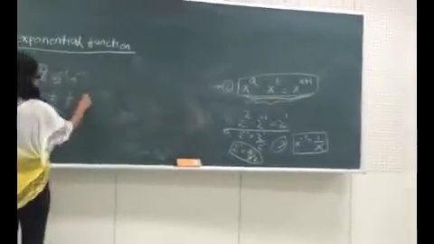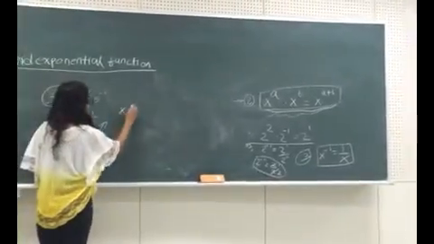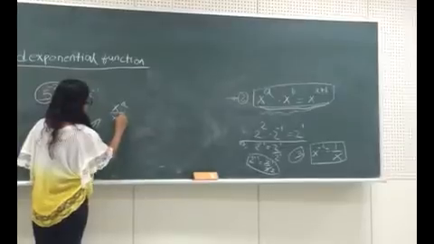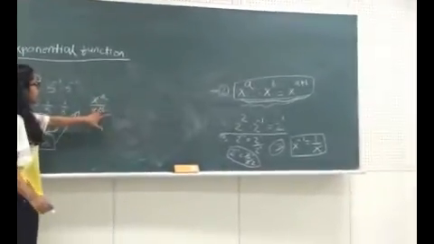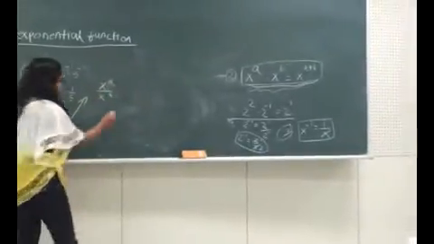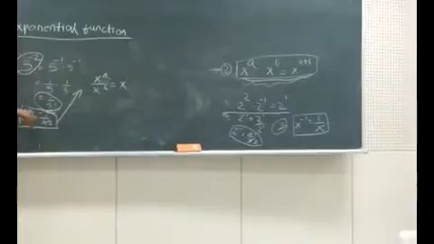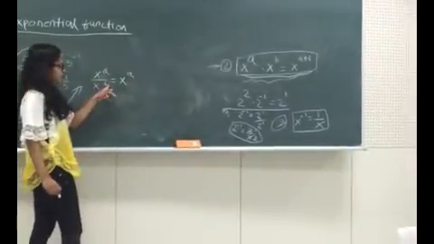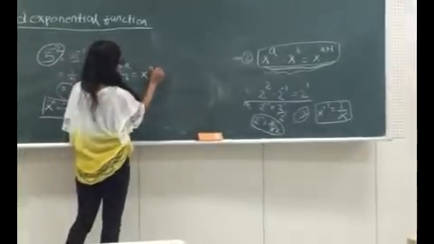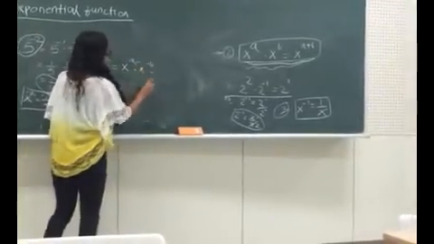This can also be written in some other way, that is x to the power a by x to the power minus b. Let's assume there is some number x to the power a by x to the power b. So, we know from all this that x to the power b, when it comes up, becomes x to the power minus b.